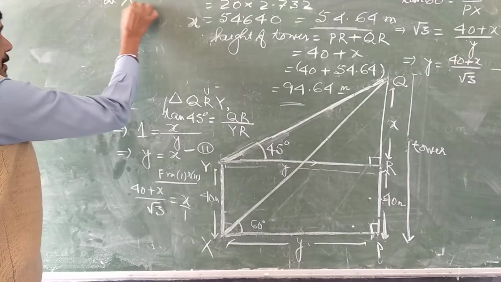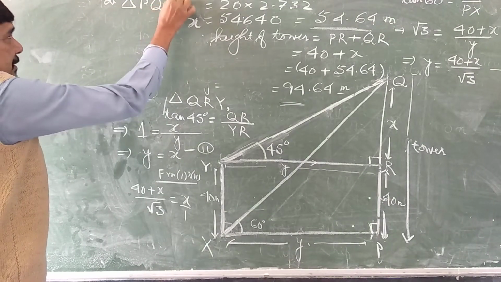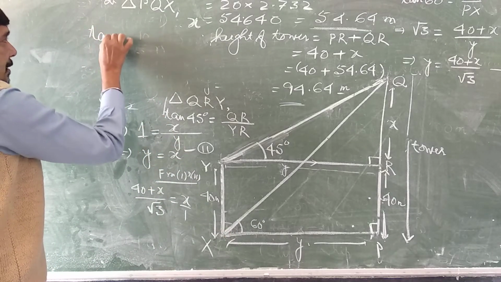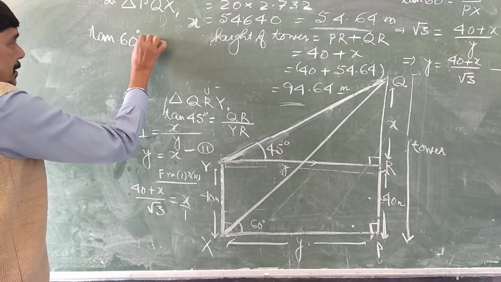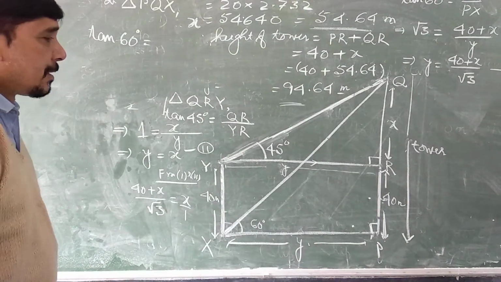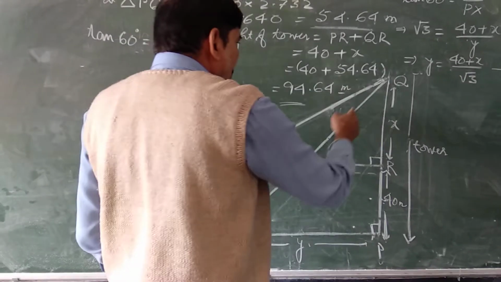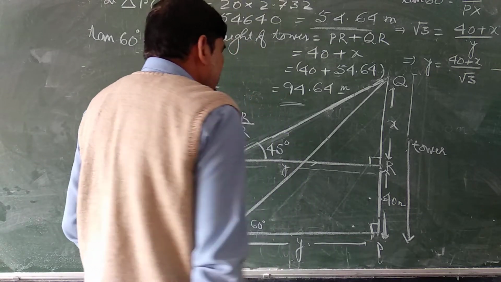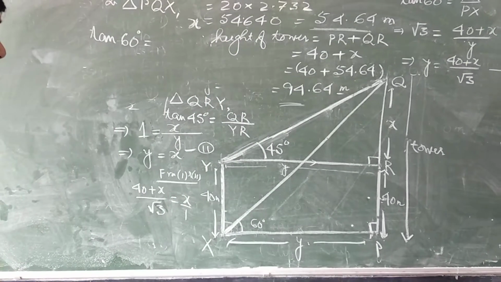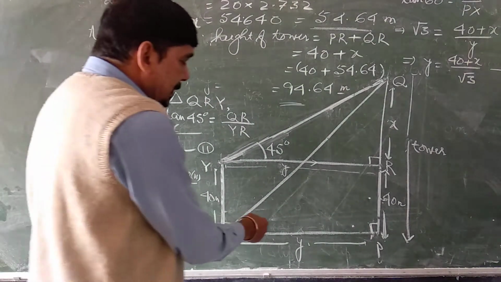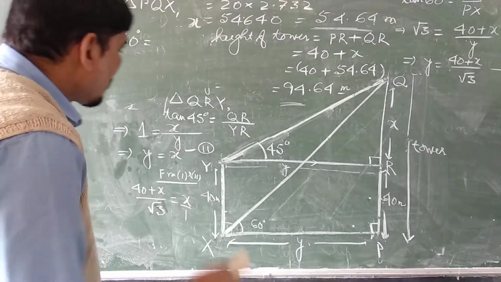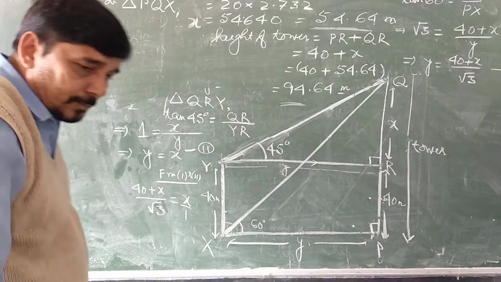In triangle PQX, to find the value of XQ, that is the hypotenuse, with PX as the base, you can use tan, sin or cos. So I am taking cos.